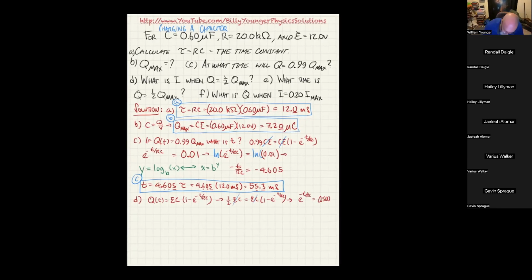So now that we have that, we can take the natural log of both sides, and I'm going to get negative t over RC times the natural log of e, which we already know is just 1, is equal to the natural log of 0.500.